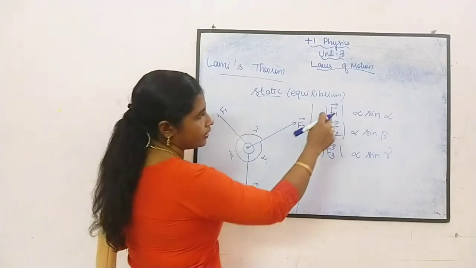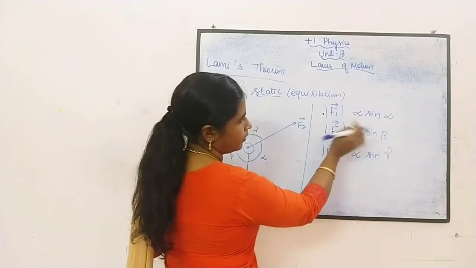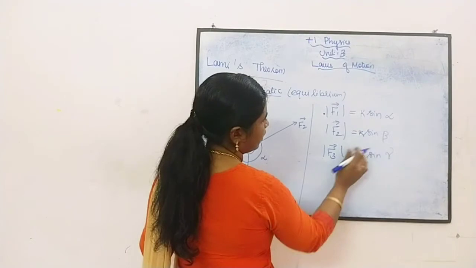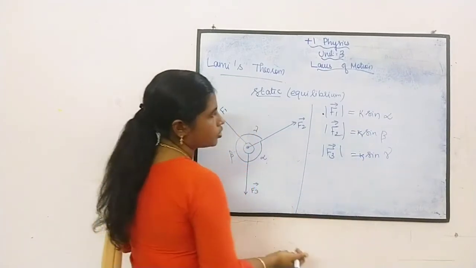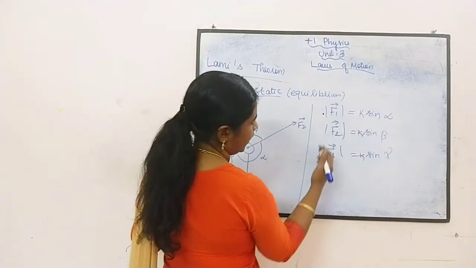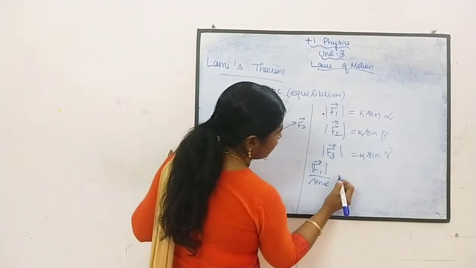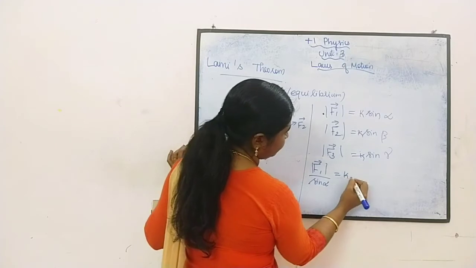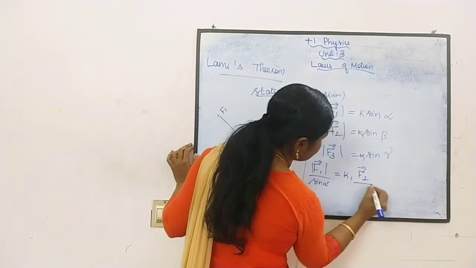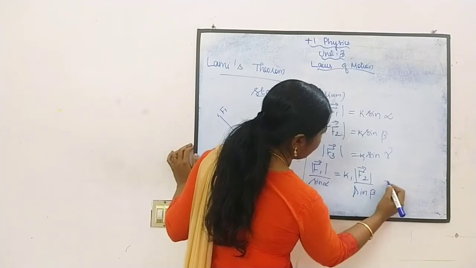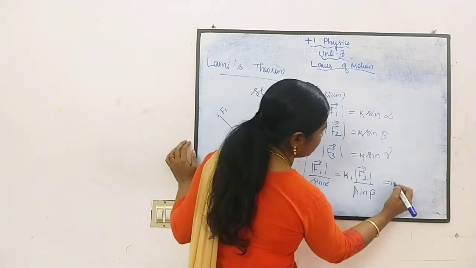We will replace this proportionality by a constant k. When you take F1 by sine alpha, it is equal to k. Similarly F2 by sine beta is equal to k.